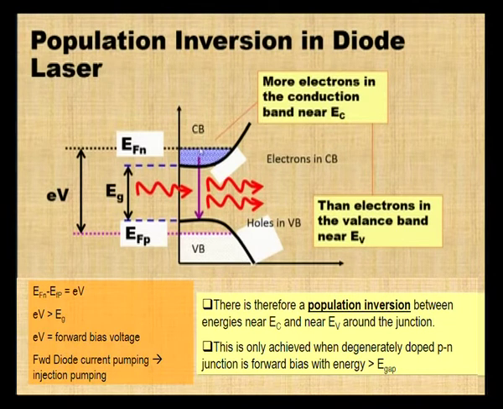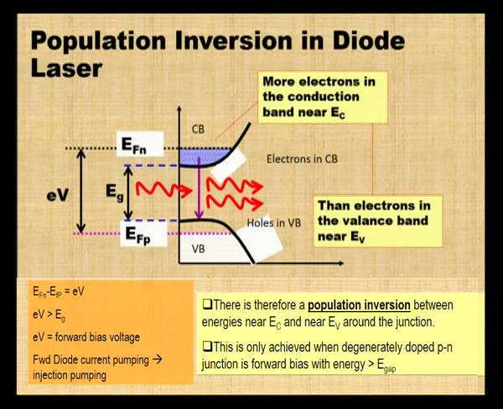This is a lower energy, this is a higher energy, and the conduction band is more populated with electrons. The energy band gap is Eg. This is the n type Fermi level, which is merged with the conduction band, and this is the Fermi level of the p type, which is merged with the valence band.